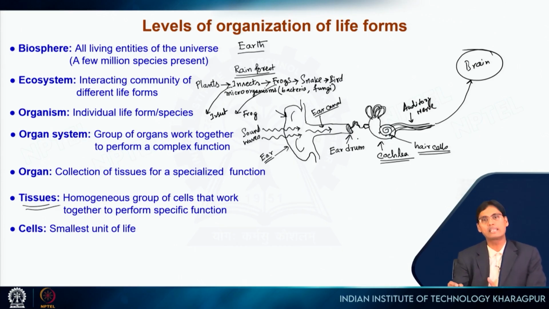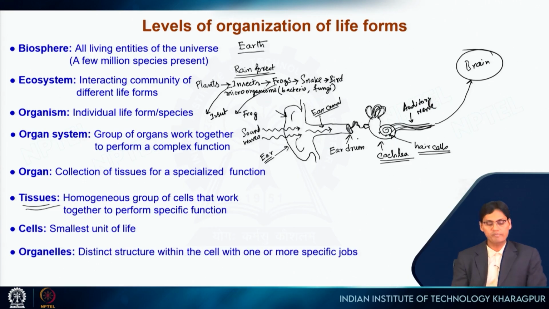Eardrum, they have cells. Cochlea, they have cells, for example hair cells. If you see the fundamental mechanism going on inside the cells, they are very similar to each other. Although the function of the eardrum and the function of hair cells are different, at the cellular level their activity is very similar to each other.